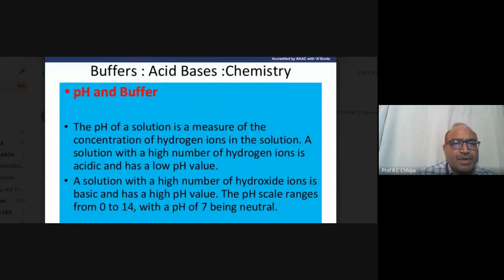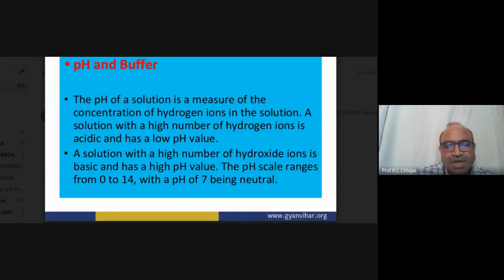Now, those can also be correlated with the pH value. So what about the pH of the solution?